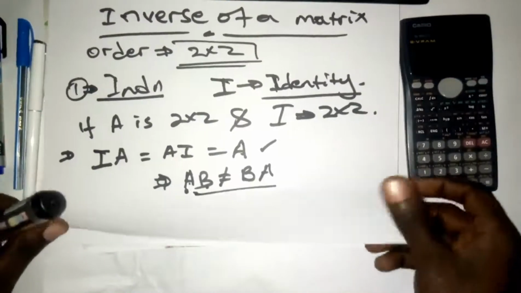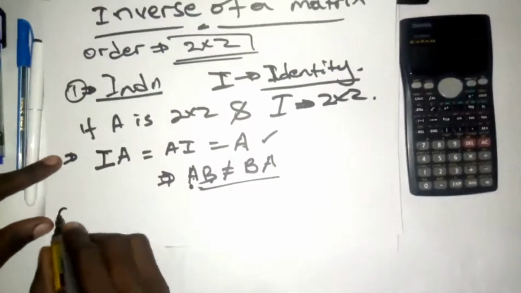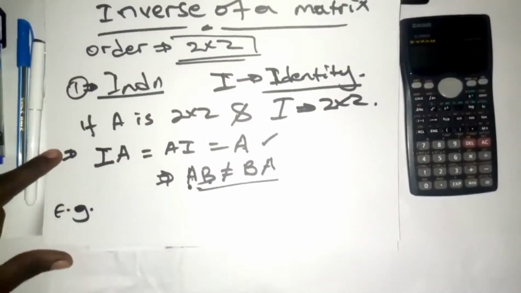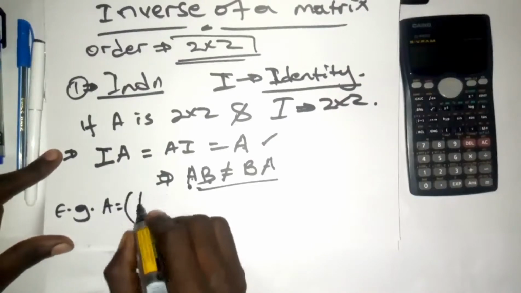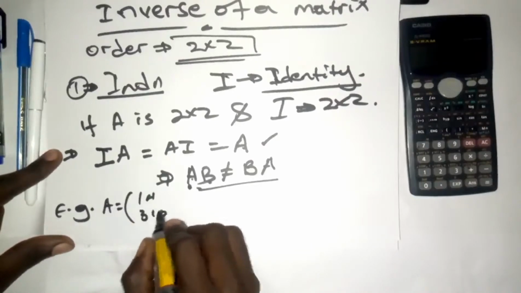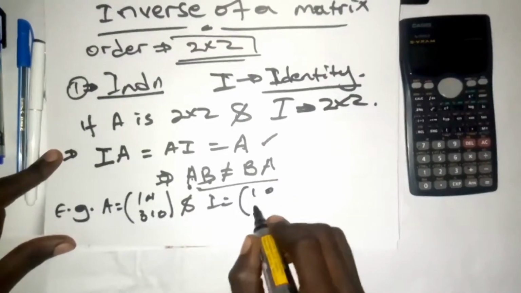Before we can go further, let's first have a simple example to verify this. Let me write it here. I think the space will be enough for me. If I have a matrix A as 1, 4, 3, 10, then the identity matrix, of course, is 1, 0, 0, 1.